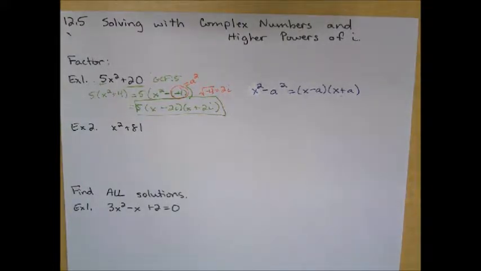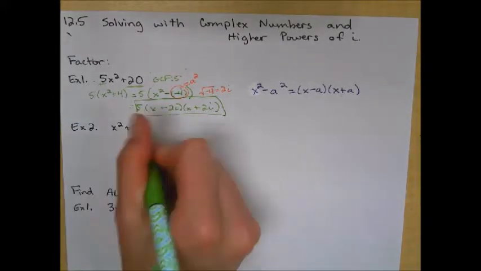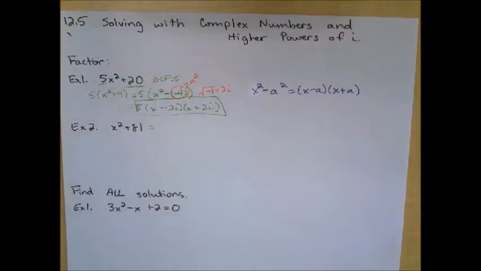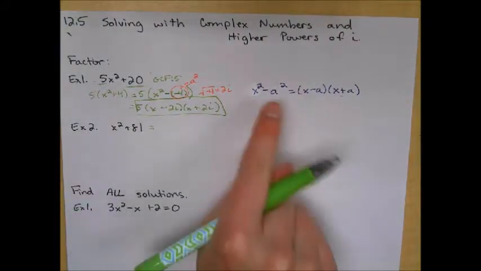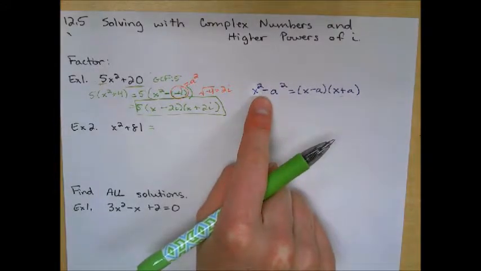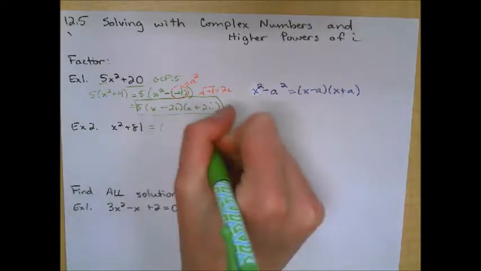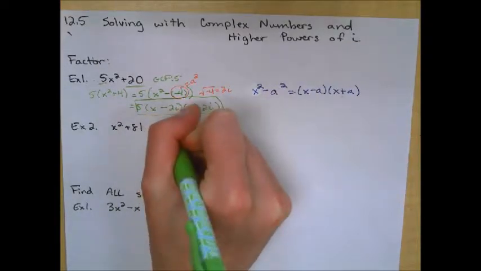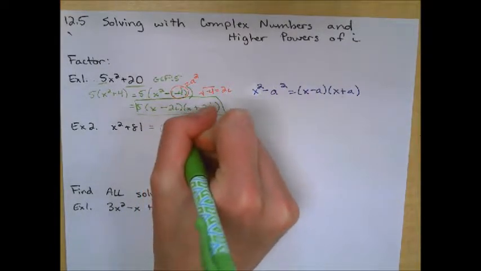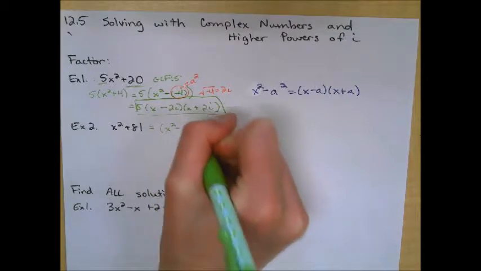Let's do this similarly on example 2. There's no GCF. I look at the x squared plus 81. I want to look at it as a difference, as x squared minus negative 81.